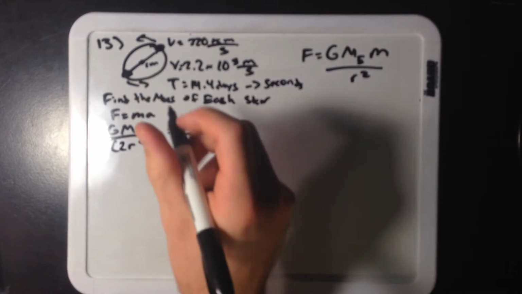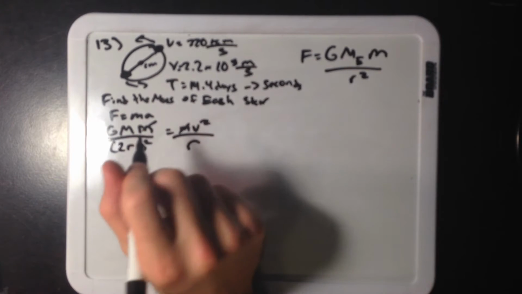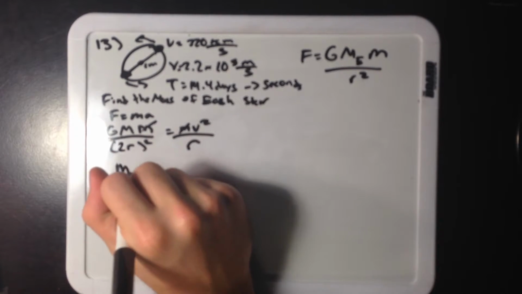So now we cancel out m's, and then we solve for m.